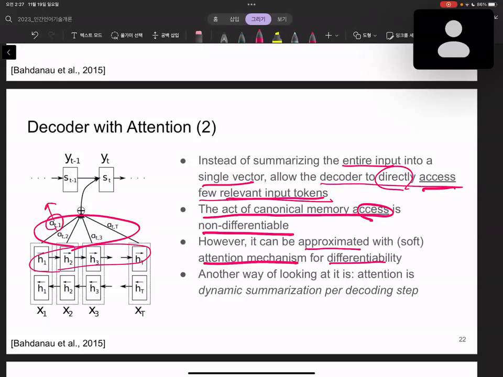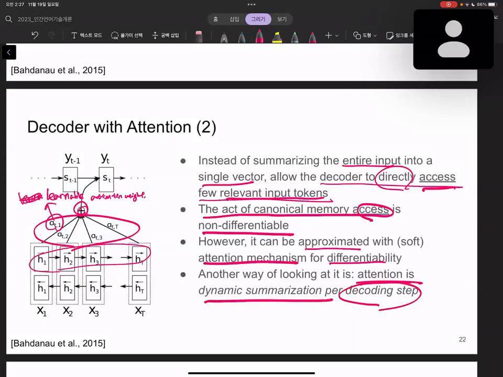And this is the learnable attention weight. The output of this weighted sum is now the new summary vector C. So the attention is dynamic summarization per decoding step.